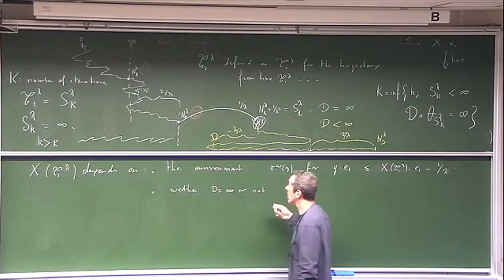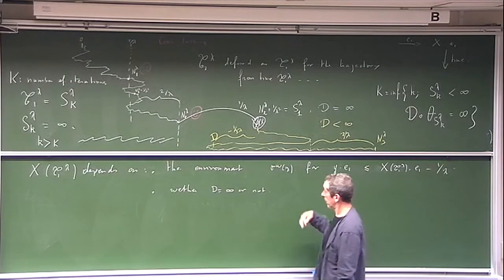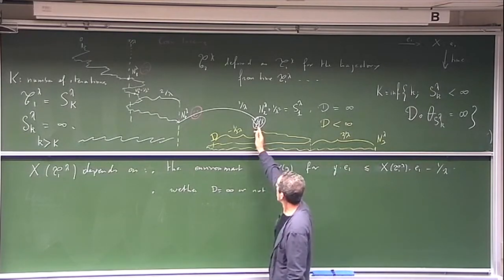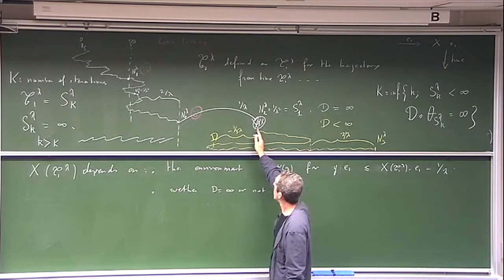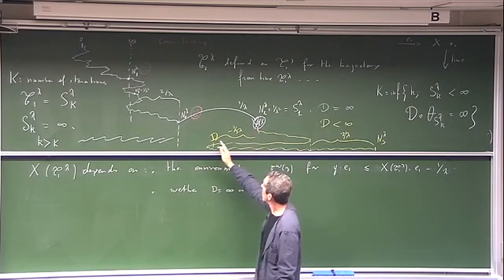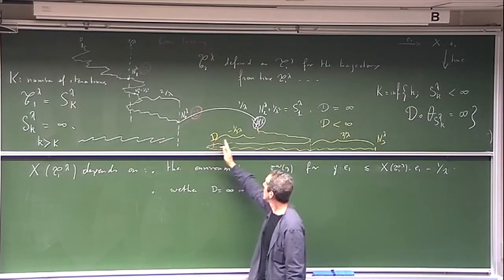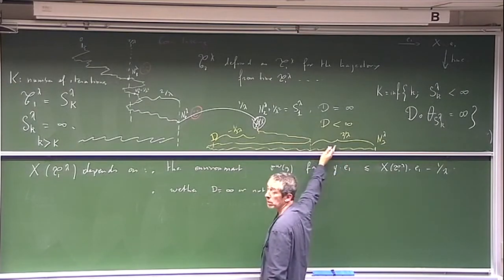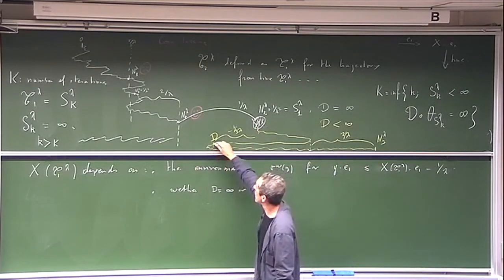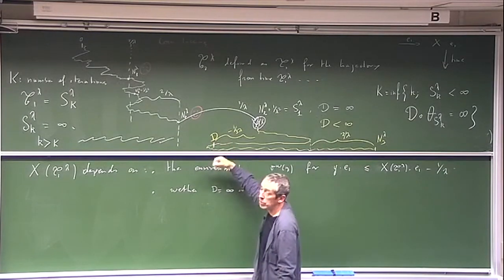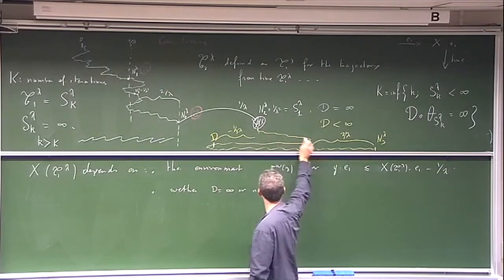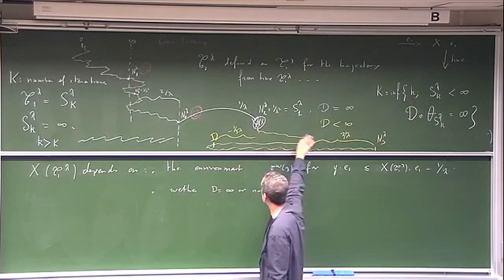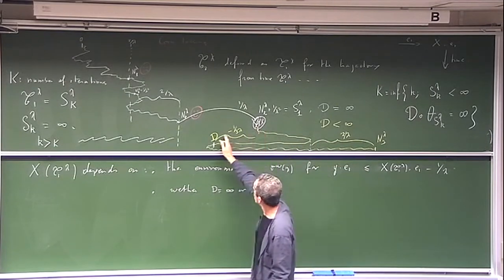And that depends on what the... So, I mean, you are here, and then you ask, am I going to backtrack by this amount? So that depends on... in order to answer that question, you need to know what the environment is in that part of space. Because to decide whether d is finite or not, you only have to wait until time d. So if you backtrack, then you do something which depends on what the environment looks like to the right of this point, and maybe also a little bit to the left.